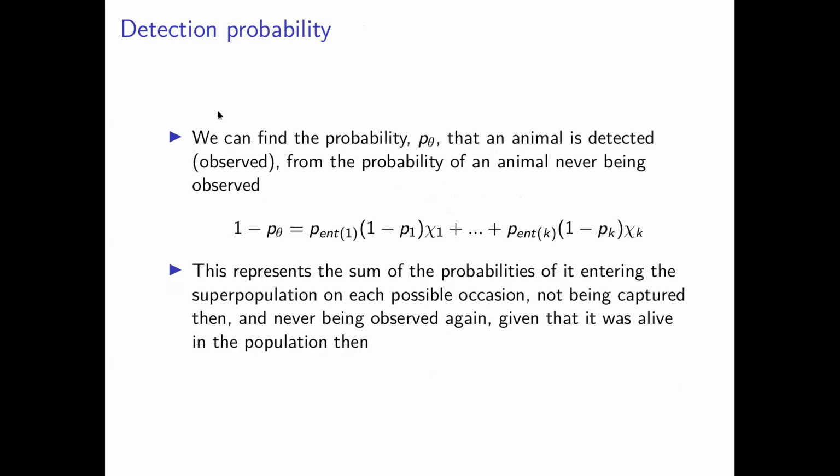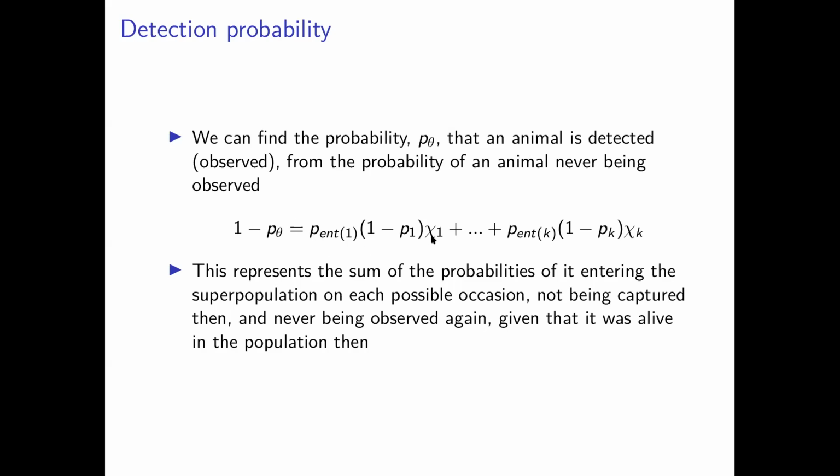Okay, the last thing we need is the detection probability, which we're calling p sub theta still. So the probability that the animal is detected at least once during the study. And we find that value from the complement, so from the probability of never observing the animal during the study.